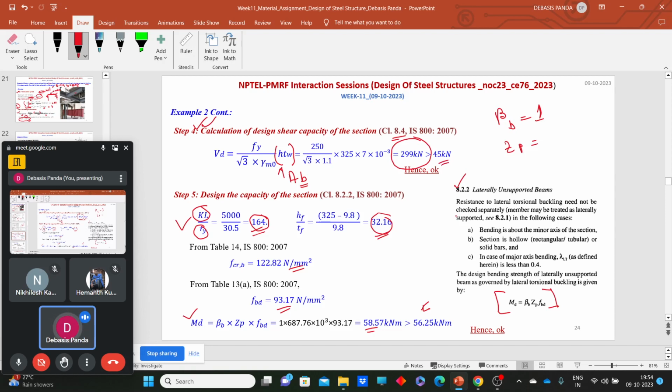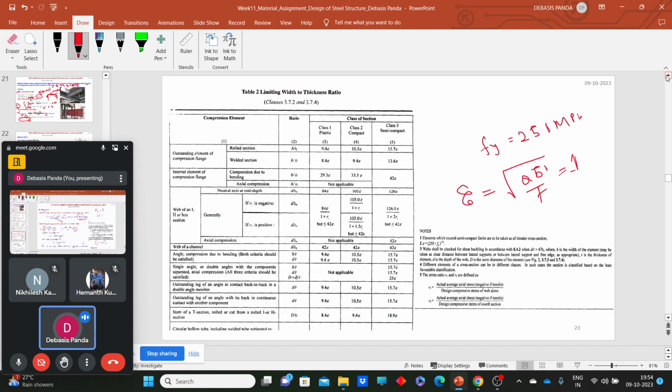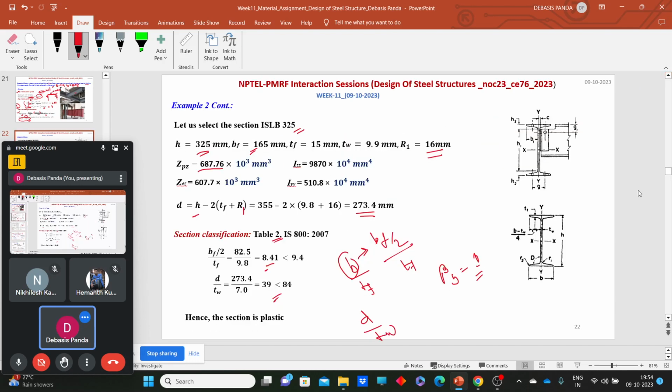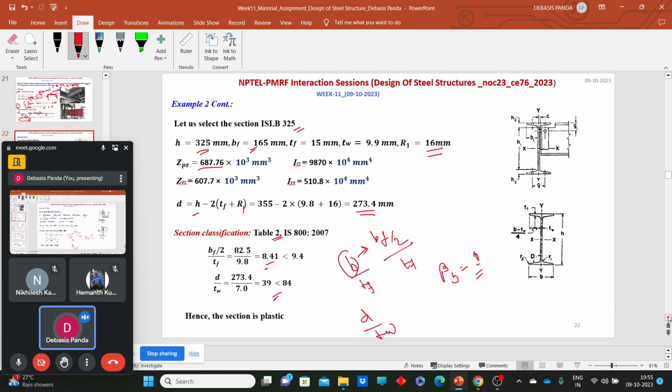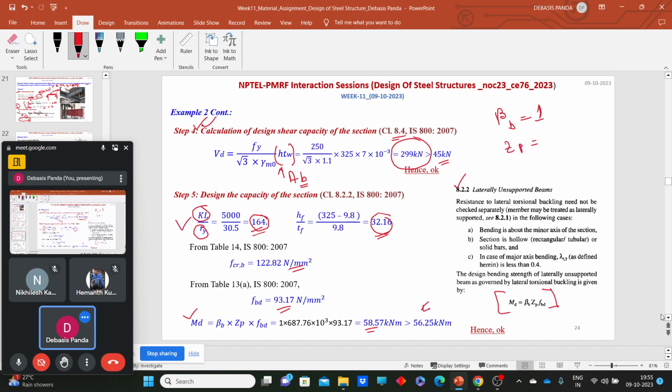That was 45 kilonewton. That means our section, ISLB 325, passes the check of design shear capacity and the check with respect to the design bending strength.